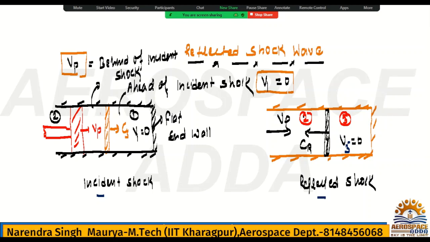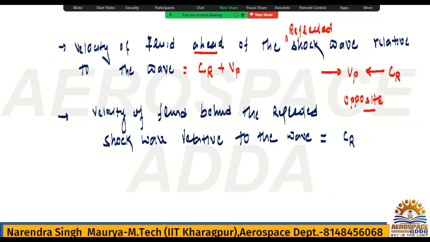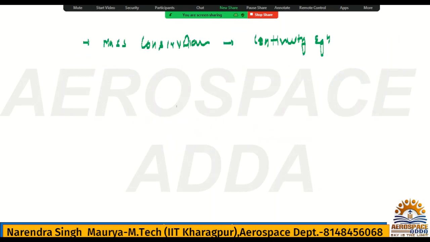What will be the region 2 velocity? It will be Vp plus Cr. And what will be the region 3 velocity? It is only Cr, as I have given in this statement, behind and ahead. This is the ahead and this is the behind. Okay, velocity. Now you can write the mass continuity equation.